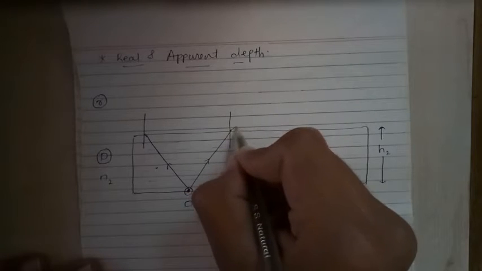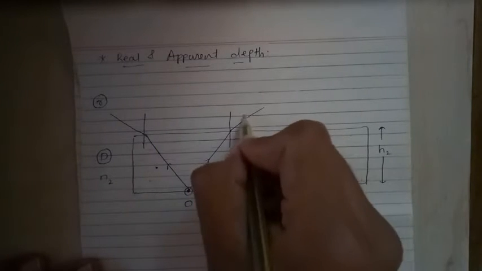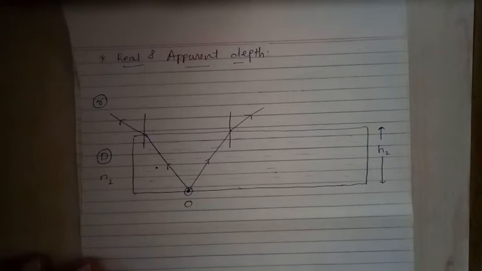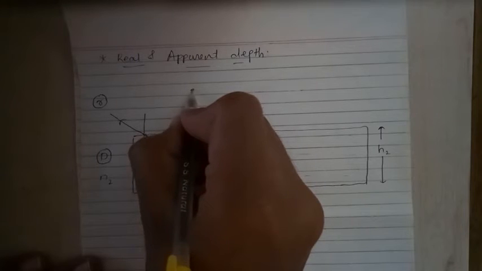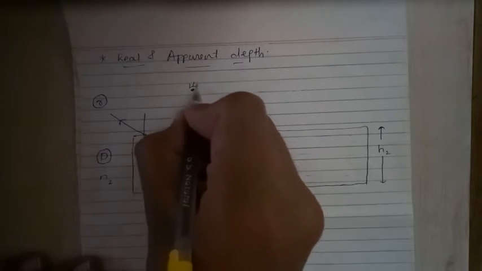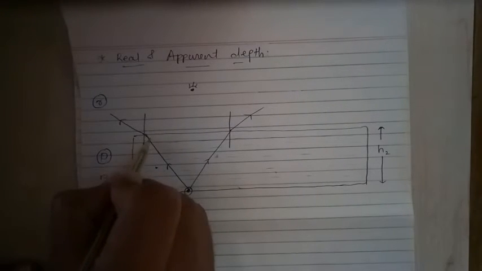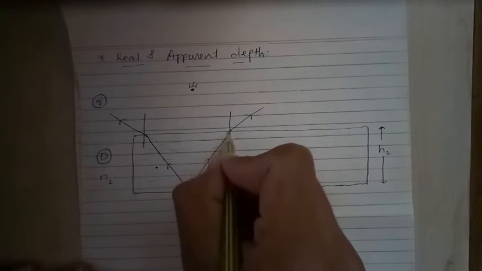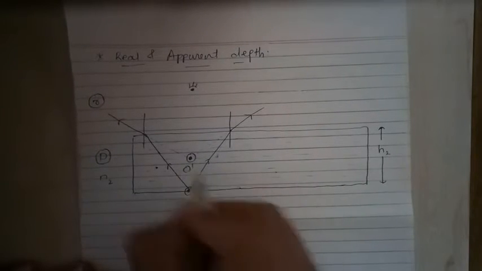So this ray bends away from the normal like this, right? But when we see normally, these rays meet at some point here. Here we can denote it O dash.